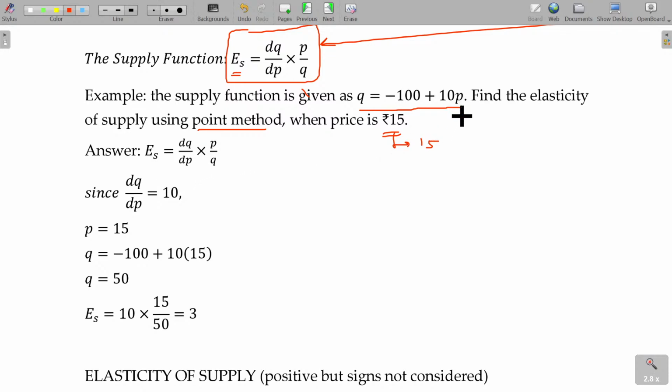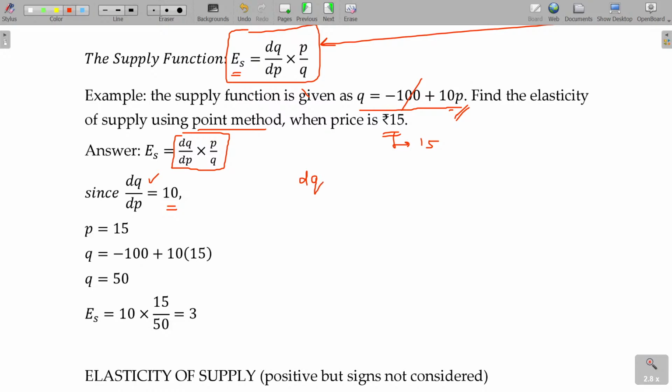Now you have to differentiate this equation. If you differentiate this with respect to P, the constant becomes 0 and you will get only 10. So dq by dp is equal to 10.